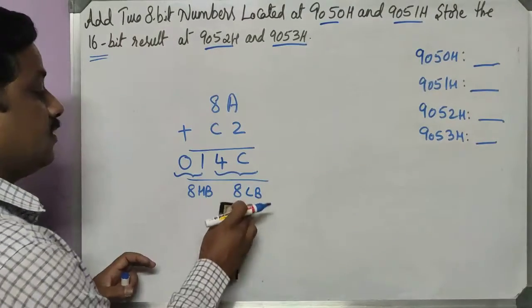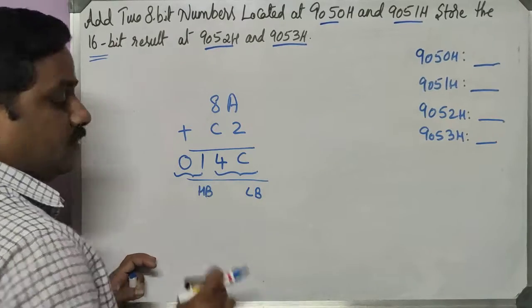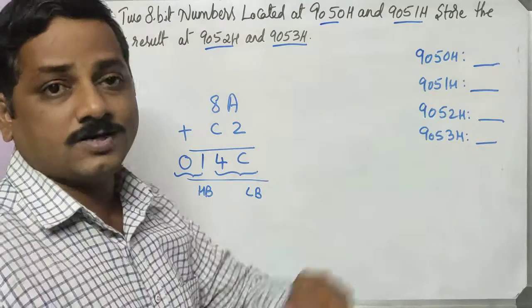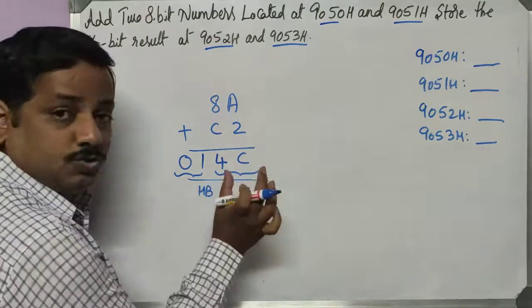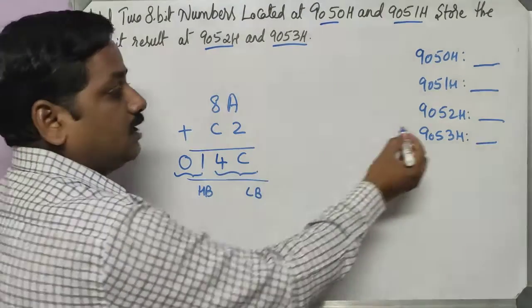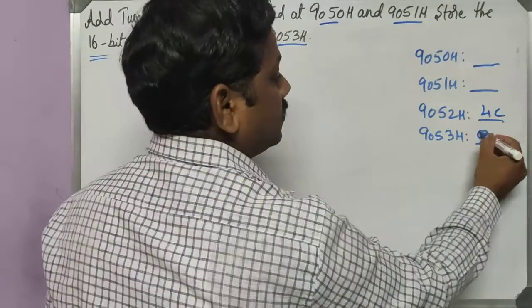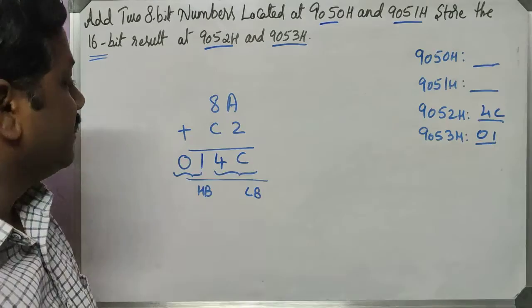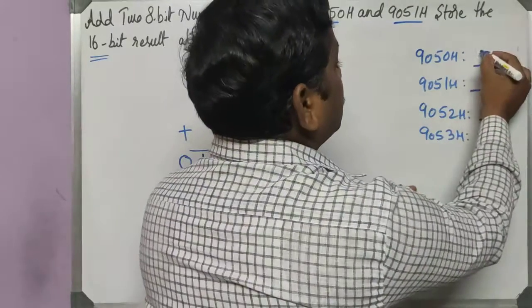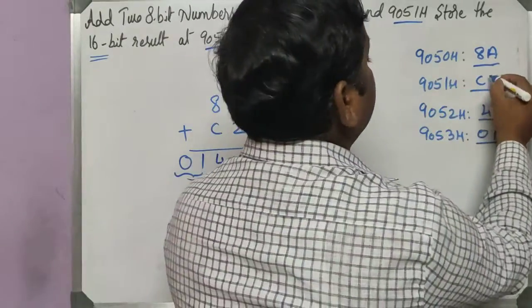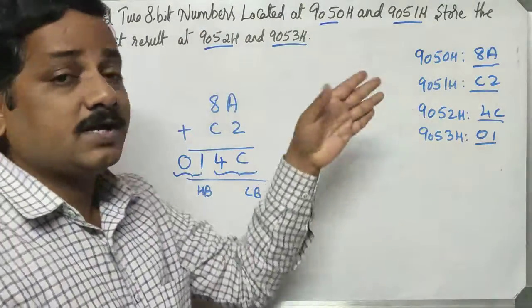Now according to our microcontroller, if you get a result like 14C, you can't store 14C in one location. You can just store one 8-bit value, that is 4C, for this location, and this 01 has to be stored here. This is the logic. Okay. So let me take the same example here. At 9050, let me give input as 8A, and at 9051 I will give input as C2. You should take the XDATA view.